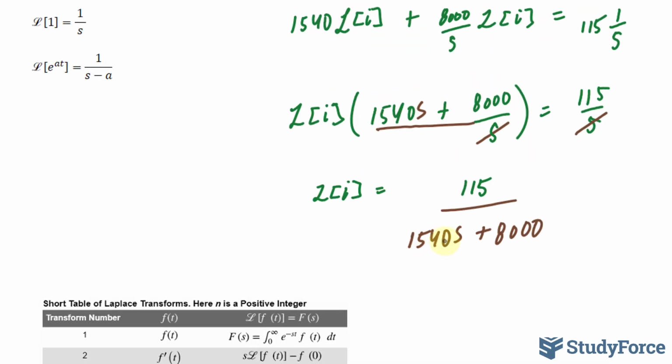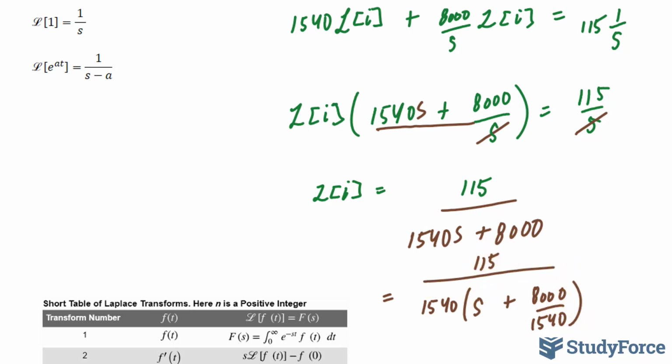In other words, if we factored out 1,540, we would end up with s plus 8,000 over 1,540. And at the top, we would have 115.